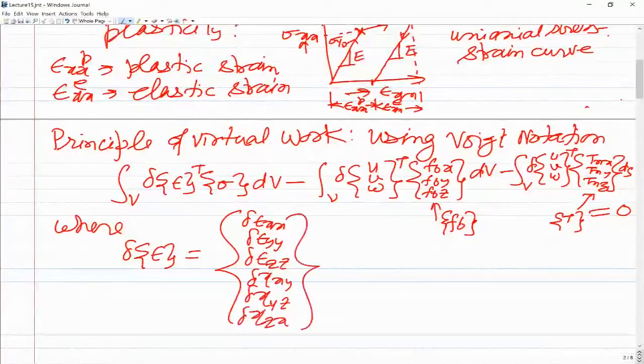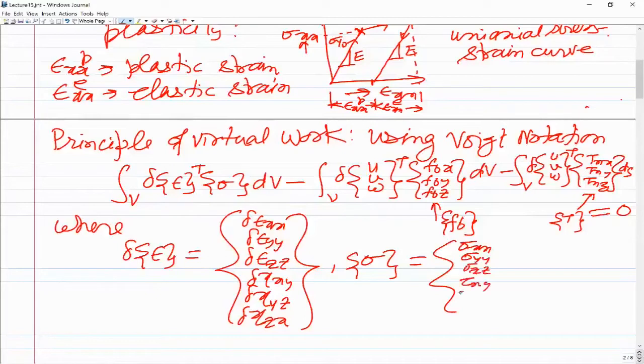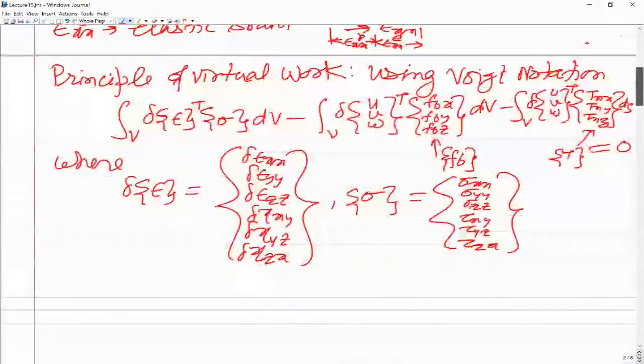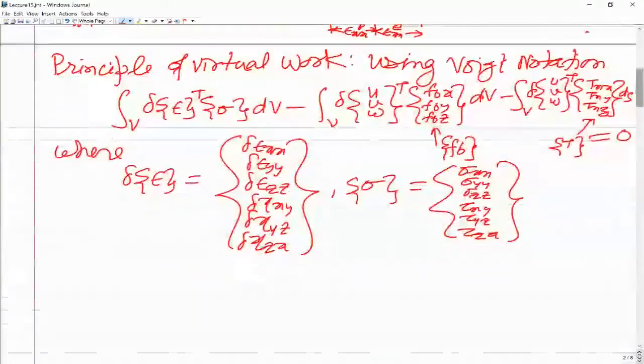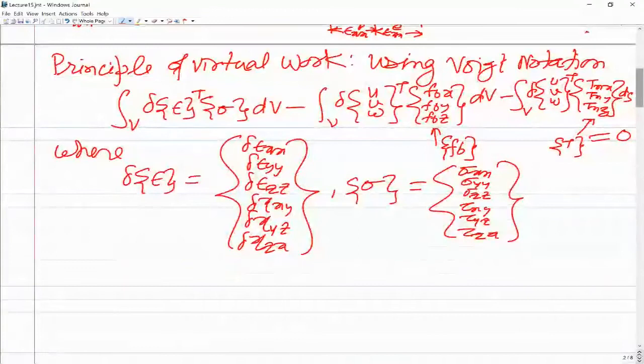This is the delta of epsilon in the notation I have used for the virtual work, and sigma is the vector sigma xx, sigma yy, sigma zz, tau xy, tau yz, and tau zx. You can also use the index notation, epsilon i and sigma i, with 6 components, so that way also you can write.